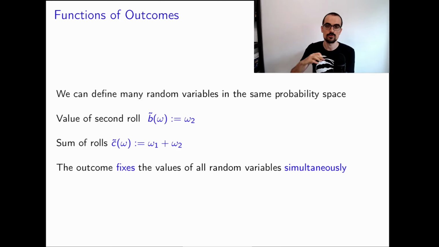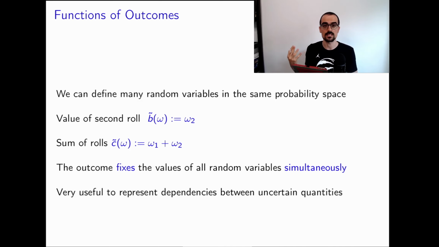In this case, if the outcome is 2, 3, A is going to be equal to 2, because that's the value of the first roll. At the same time, B is going to be equal to 3, because that's the value of the second roll. And C, which is the sum of the two rolls, is going to be fixed to 5. This is super important because it allows us to model dependencies between random variables. But as I said, we're not going to talk about that today. We'll talk about that later on in the course.